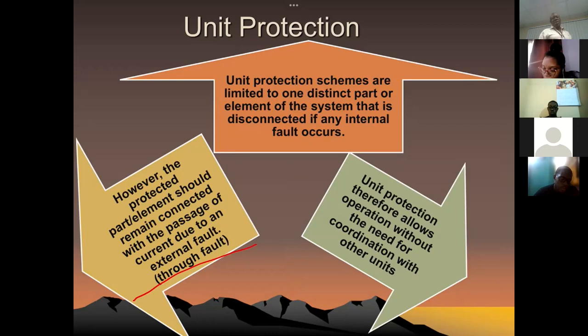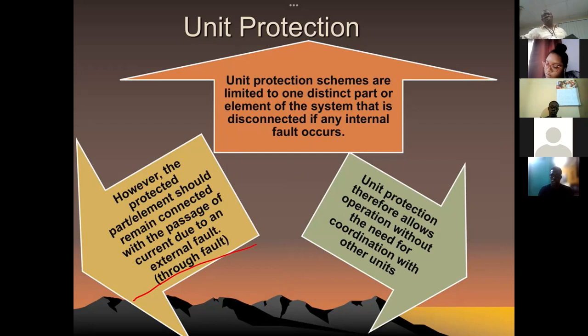So if you have a transformer, to the extent that the transformer can handle the fault current, now speaking about physically being able to handle that level of current, you want the transformer to remain in service because it will not necessarily be supplying only one line. The transformer may be the source for 3 feeders.